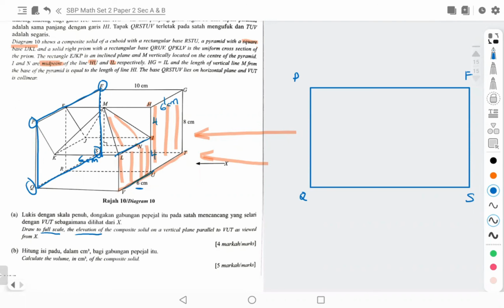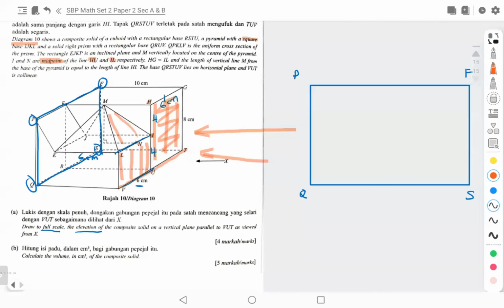Okay, now you will see that this part is 6 cm times 8 cm, which is also F to S, right? If you move to the back, move to the front, it will be GT. Is it here? You see it? GT here, same 8 cm.